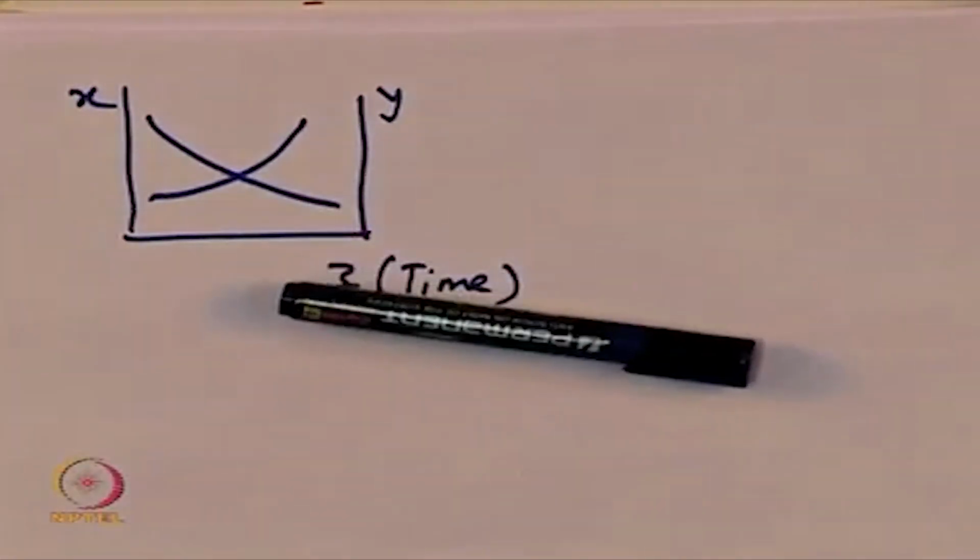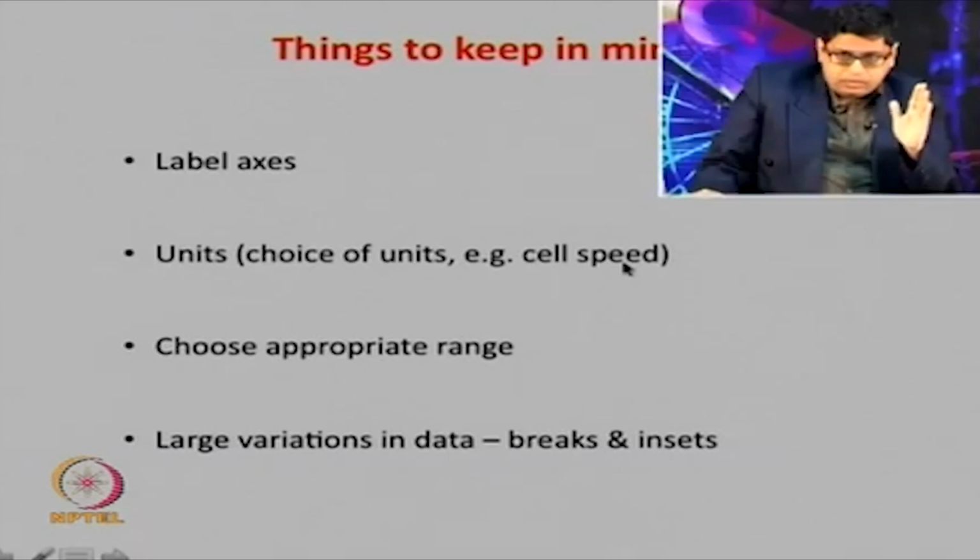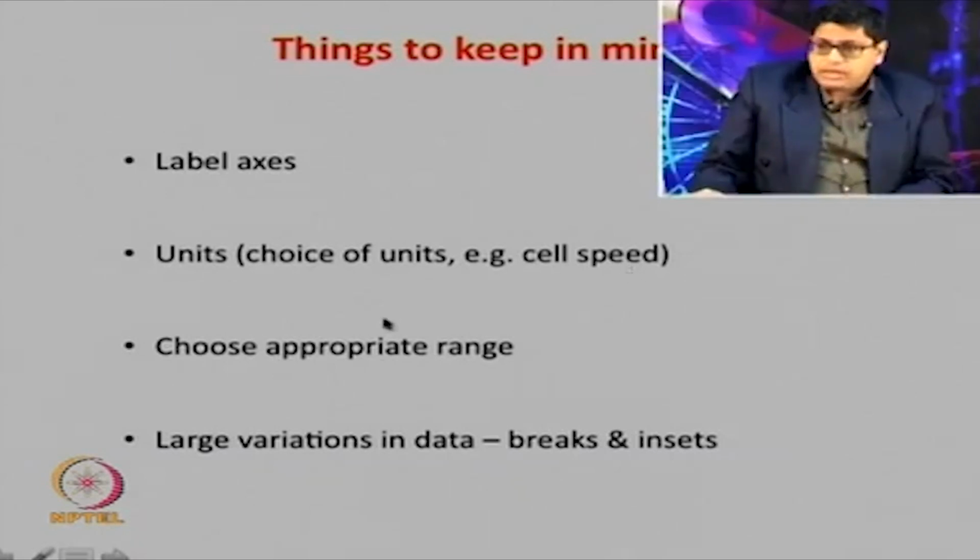Next, when you are making a plot, there are a few things to keep in mind. You must label your axes appropriately, and you must choose appropriate units. For example, if we are talking about cell speed, or any speed, you can report it in micron per minute, micron per hour, meter per minute, meter per hour, and so on, depending on what you are measuring and the minimum amount you can measure accurately.